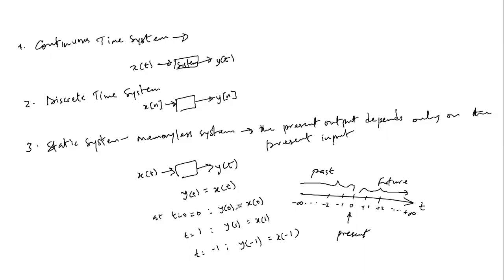So at the instant of time where we have our present time, we get the present input. At time t equal to 1, we have S of 1, S of 2. Here you observe that the output at any instant of time depends only on the input at that instant of time. So we'll talk about dynamic systems.